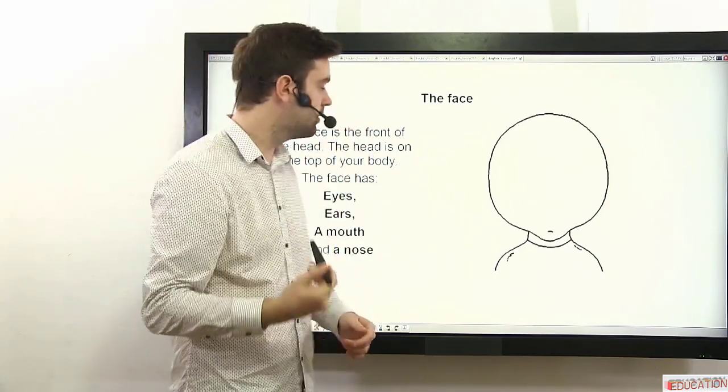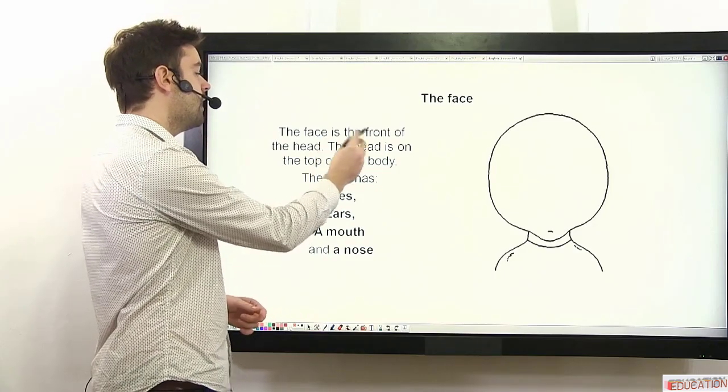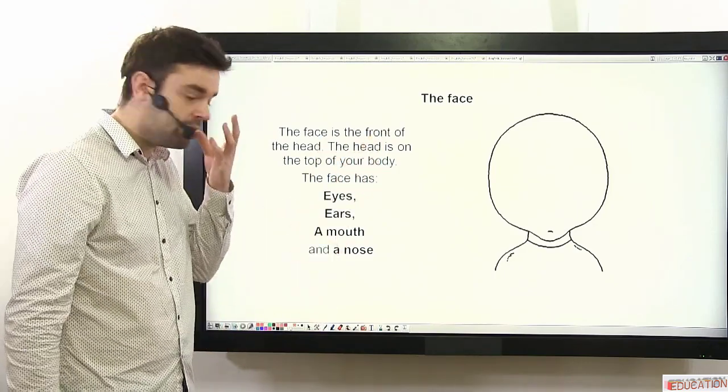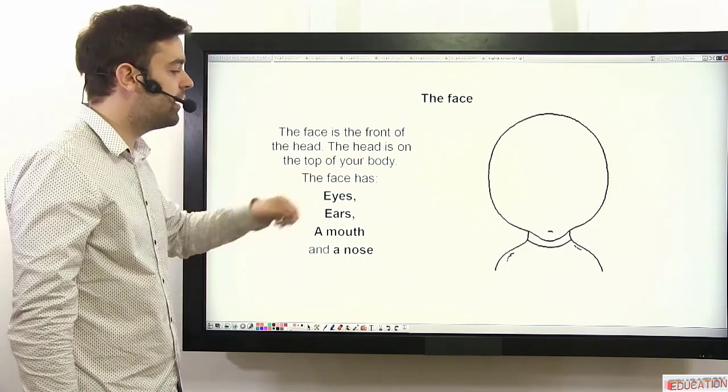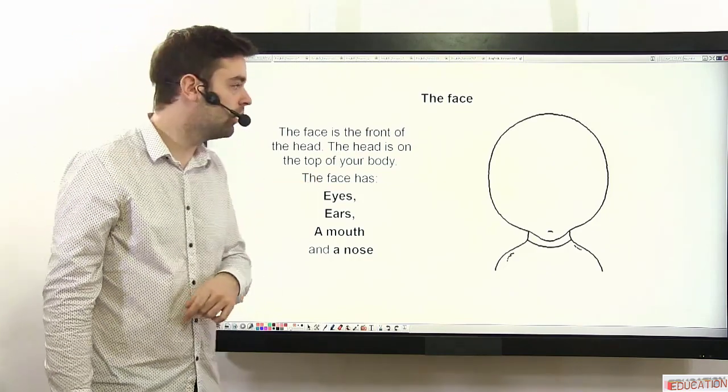The face. So the face is in the front of the head. The head is on the top of your body, and the face has a few things.